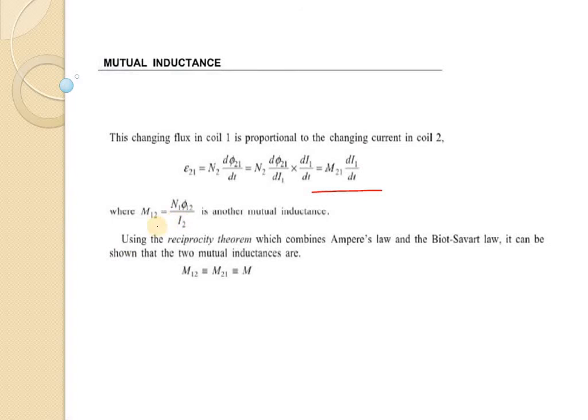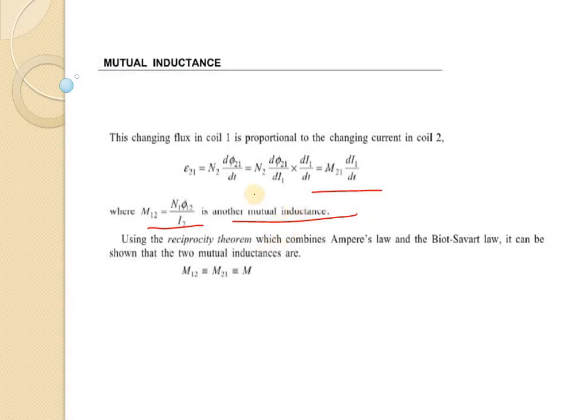That means M12 is basically N1 phi12 divided by I2. From the reciprocity theorem, we can say that the effect of mutual inductance from coil 1 to coil 2 and from coil 2 to coil 1 are just equal, and that proof we have done here.